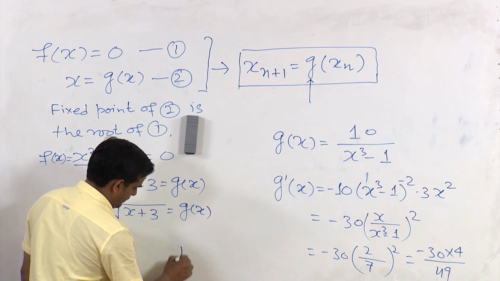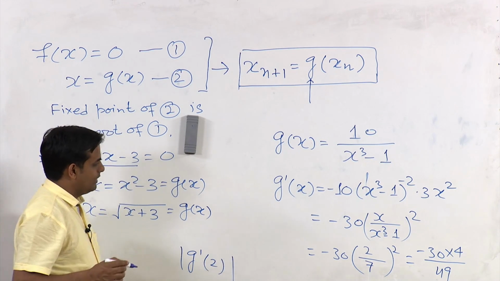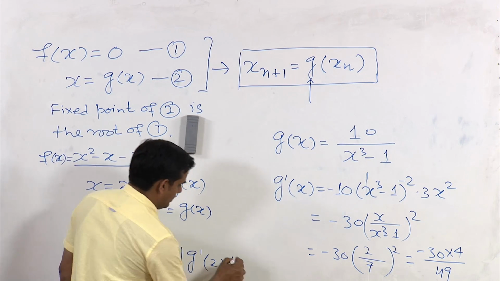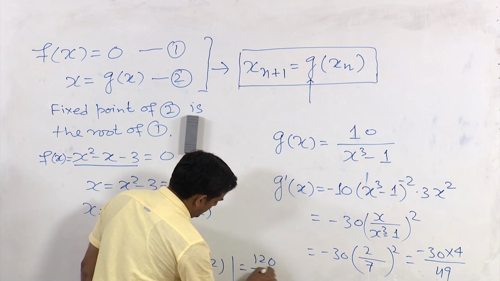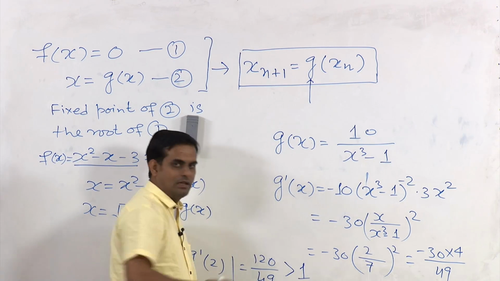So, hence the absolute value of g prime 2 will be somewhere around 120 upon 49, which is greater than 1.